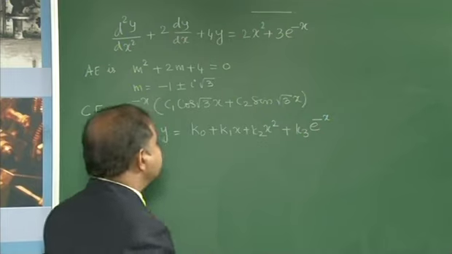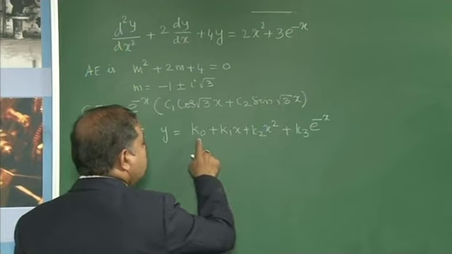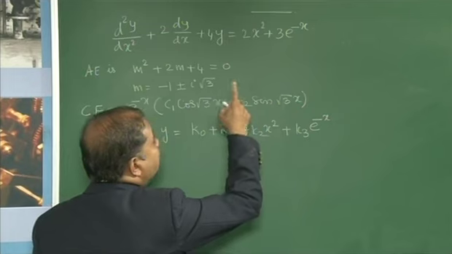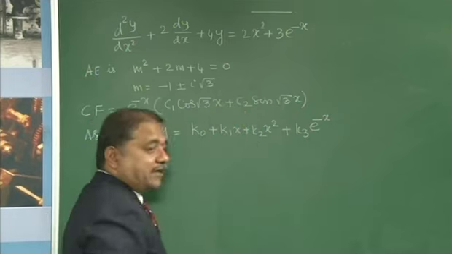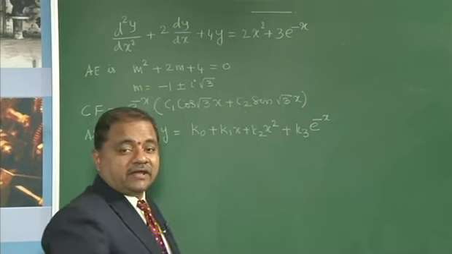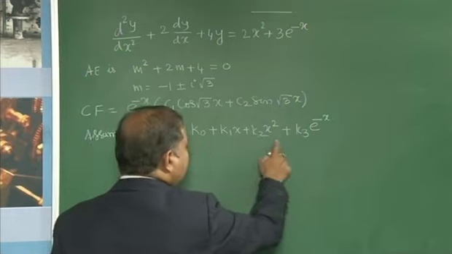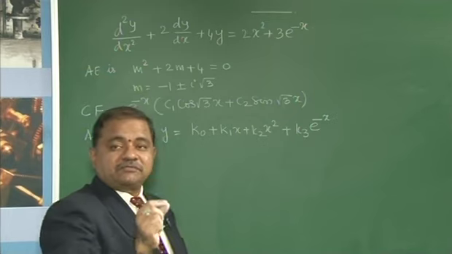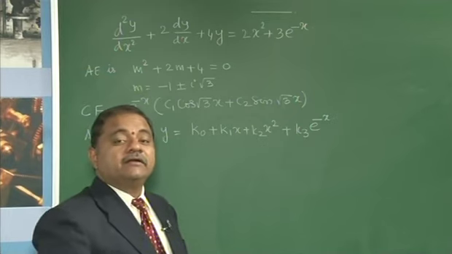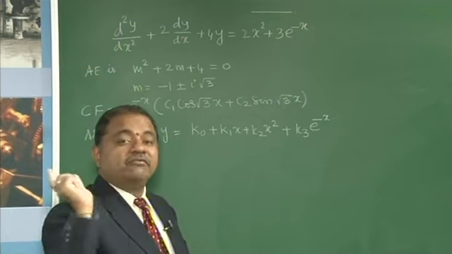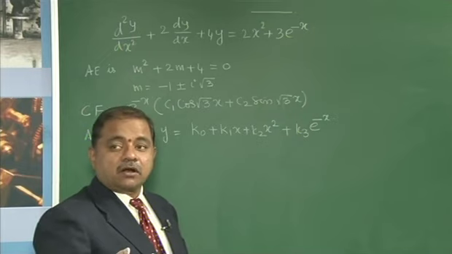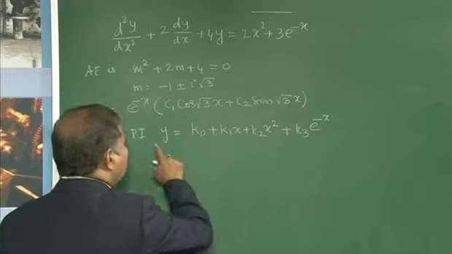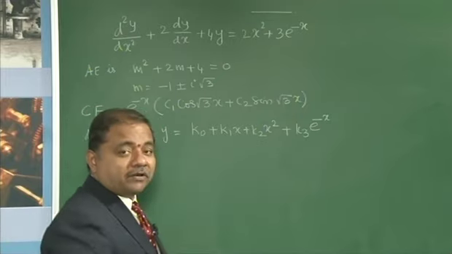So what should I assume? k0, k1x, k2x square plus, for e power ax, it is k e power minus x, or ax as we have given there. Here, to continue, I took it as k3. If you do this assumption properly, then your answer is going to be perfect, because other steps are not going to be difficult. Only the assumption of PI you should do very properly.